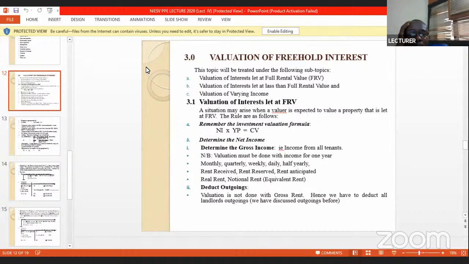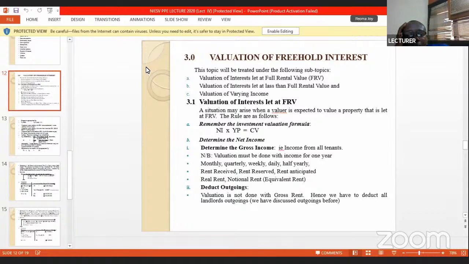So, if you read the question and you find out that the income that was given is not for 1 year, you need to convert the income to income for 1 year.